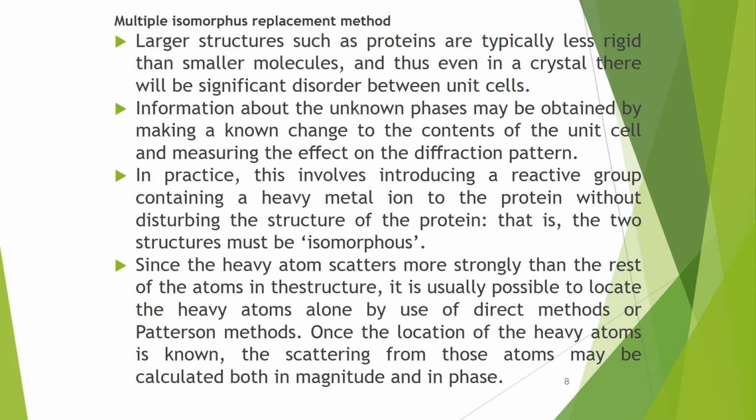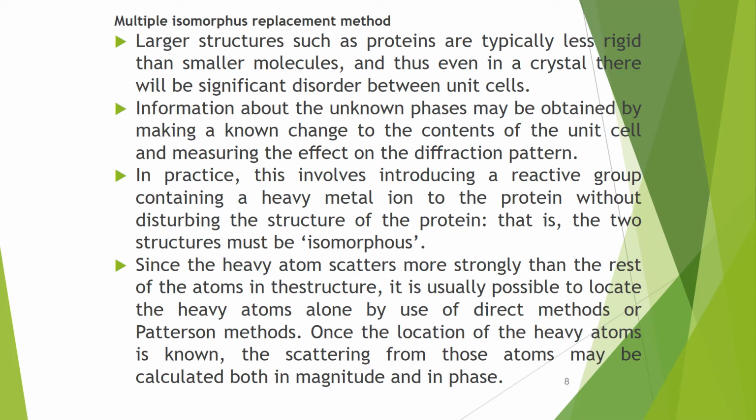Multiple isomorphous replacement is the first method. Larger structures such as proteins are typically less rigid than smaller molecules, and thus, even in a crystal, there will be significant disorder between unit cells.